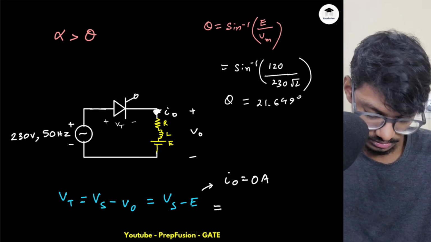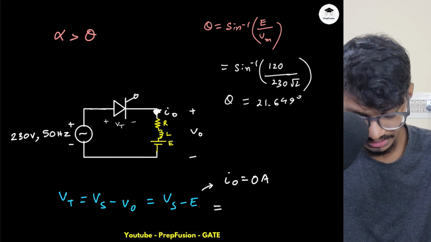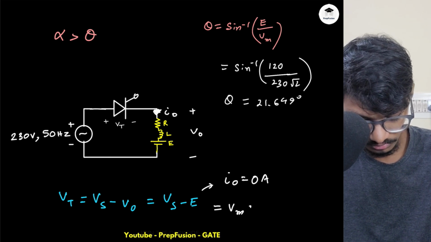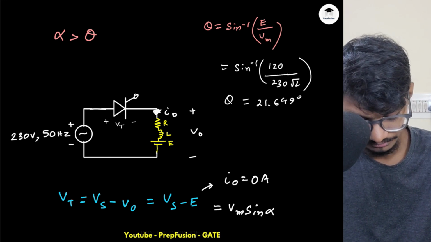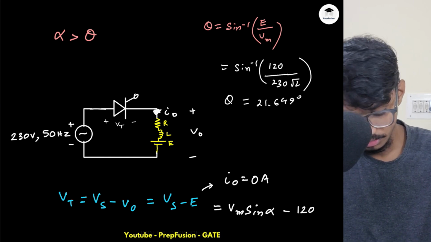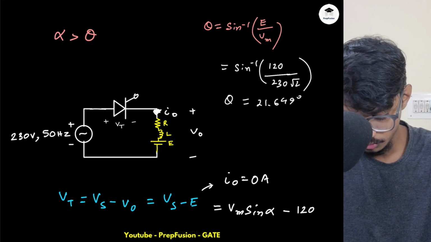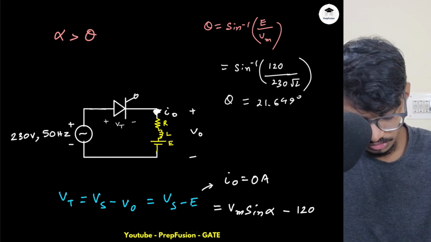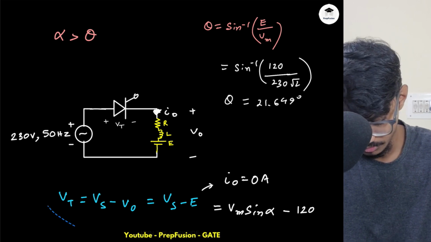What is Vs at that point? It is Vm sine alpha, minus E, which is 120. E is 120 and Vm is 230 root 2. So I'll just compute this real quick.